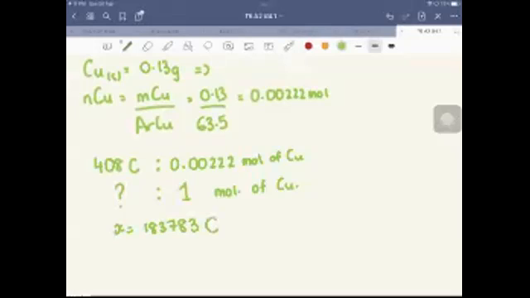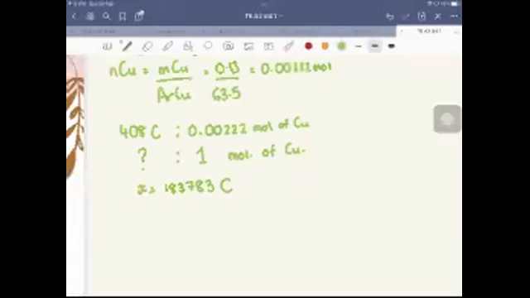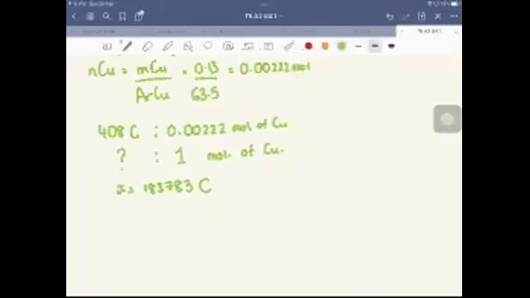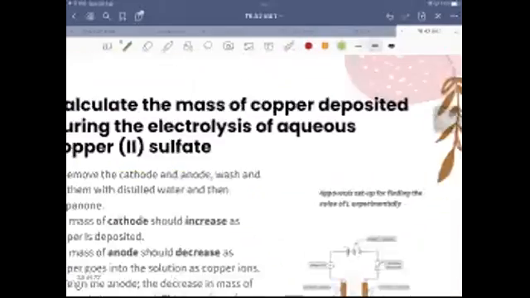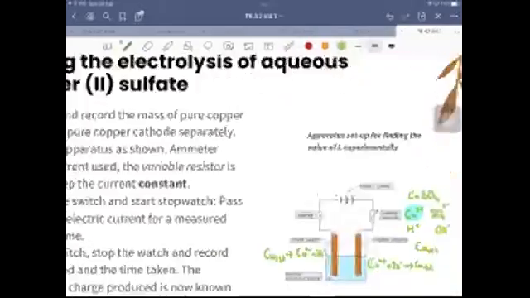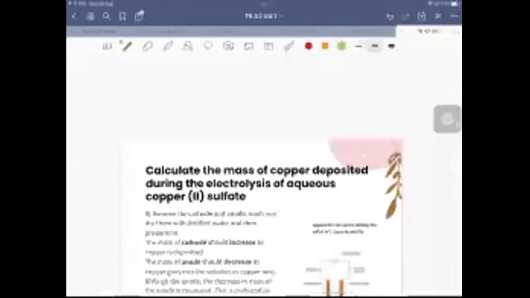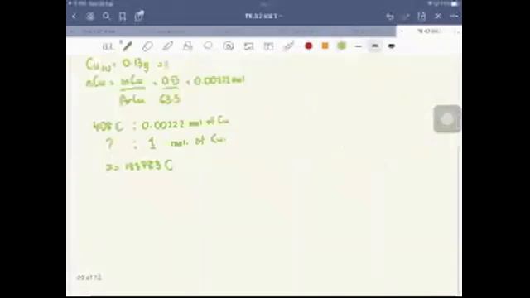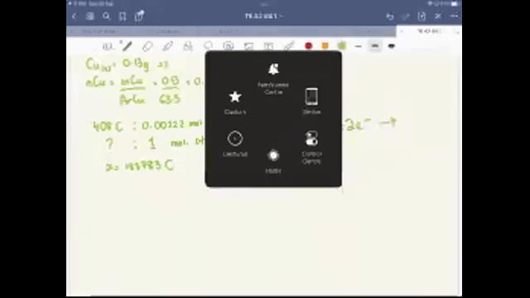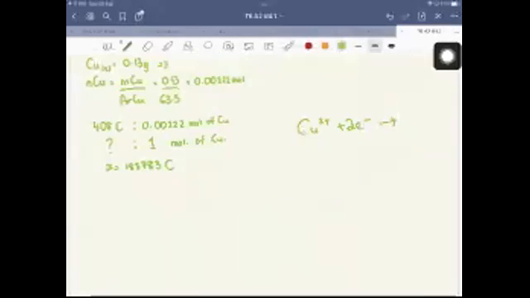Okay, so now is the charge. Now I want to look at the equation for the formation of copper, which I got here just now. Okay, so Cu2+ plus 2 electrons to form Cu solid. So that's the reduction of Cu2+ to form Cu solid.